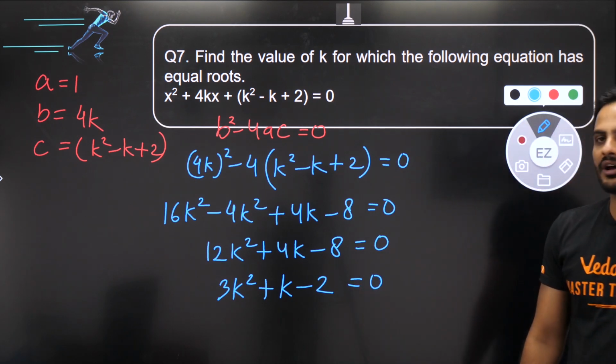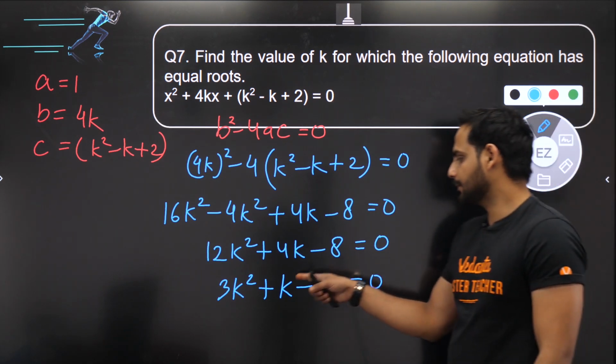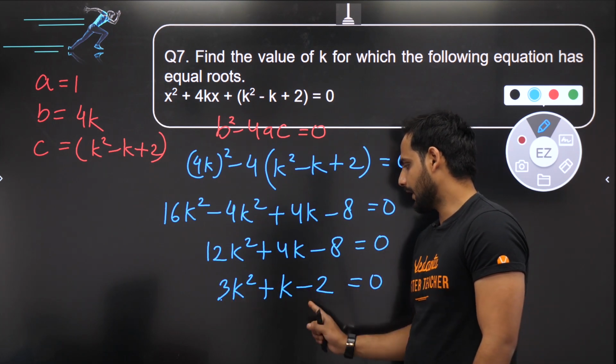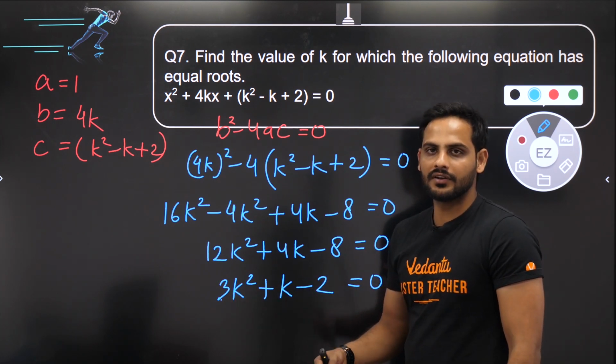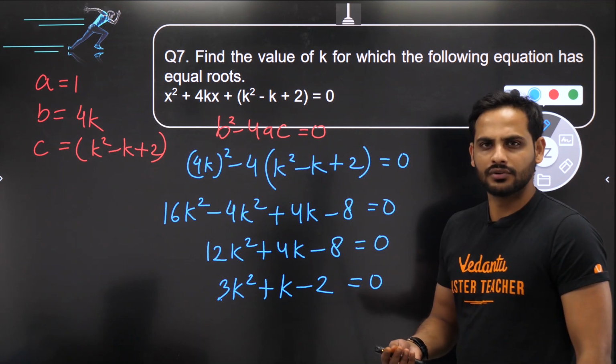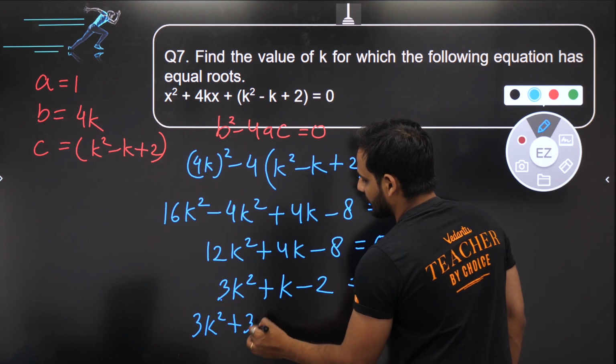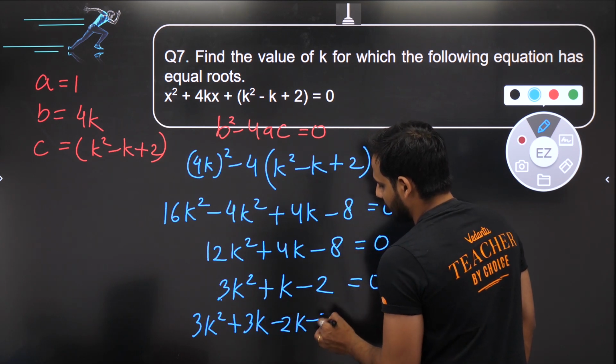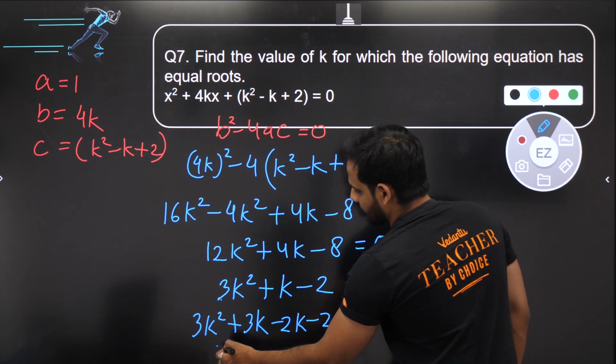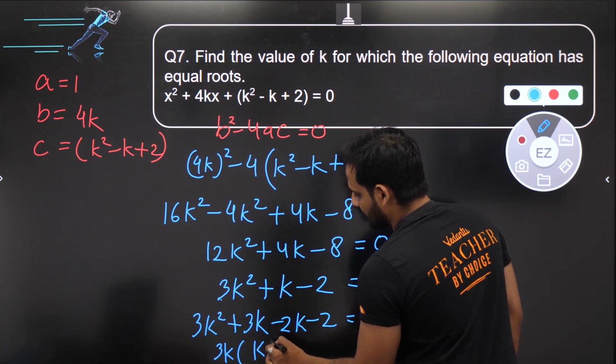See, you want two numbers whose sum is plus 1 and product is minus 6. So what are those numbers? It will be 3 and minus 2, right? So I will say 3k square plus 3k minus 2k minus 2 equal to 0. So take 3k common, you'll be left with k plus 1.